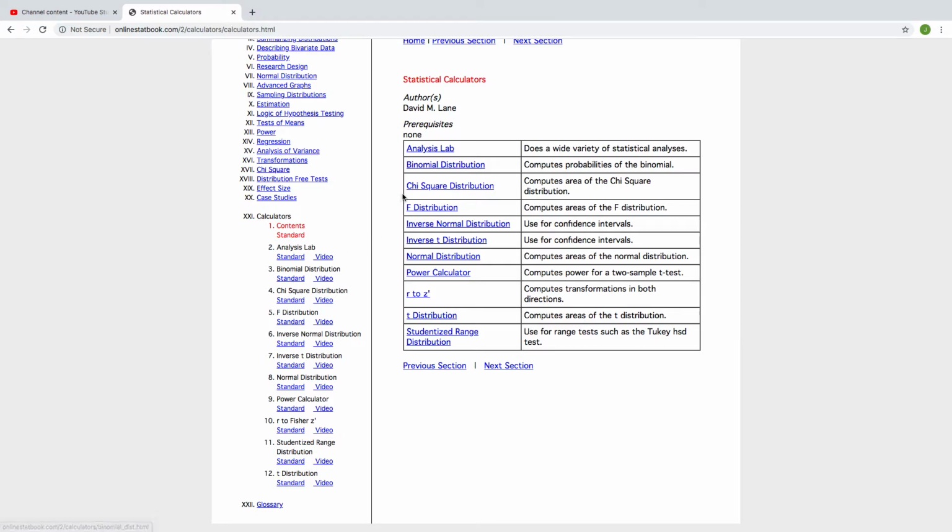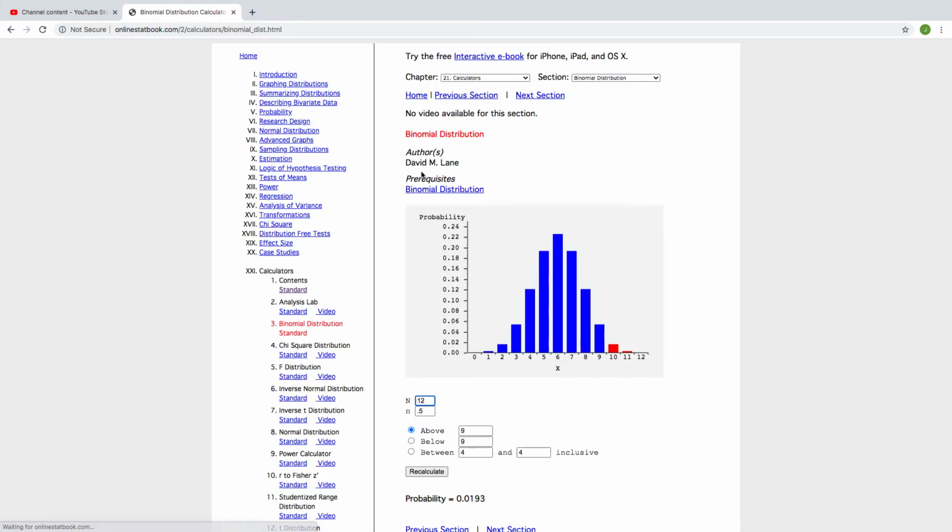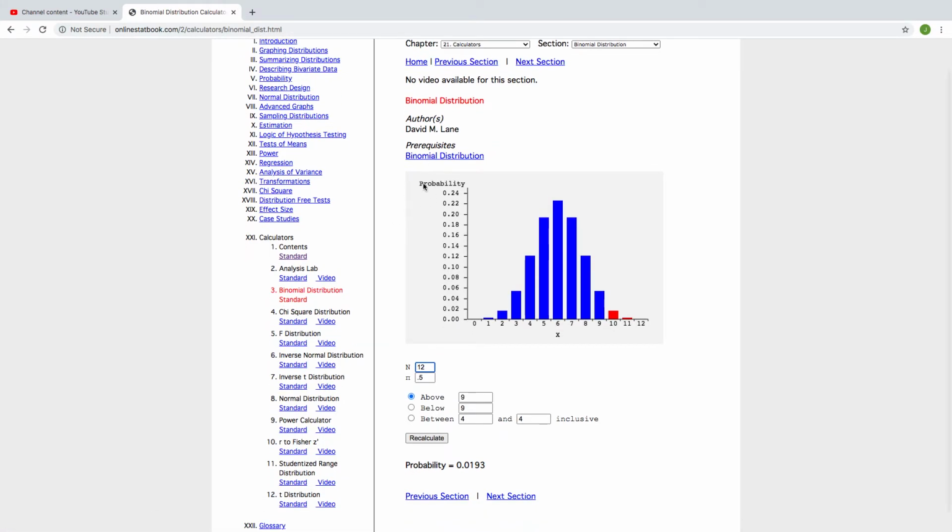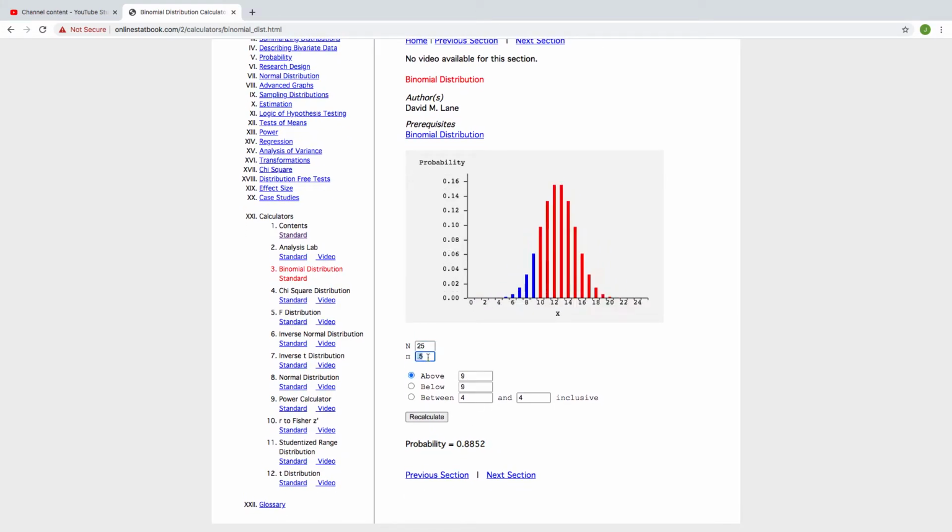There's a binomial distribution one here. I'm going to click on that. My sample size is going to be 25. That's the number of trials. My probability of success is 0.95.